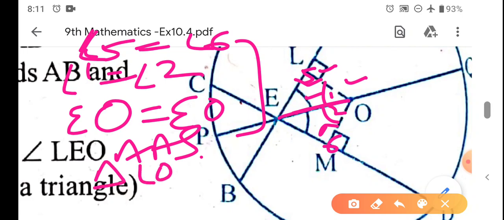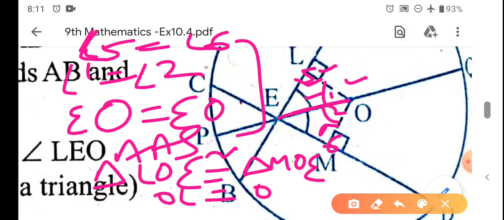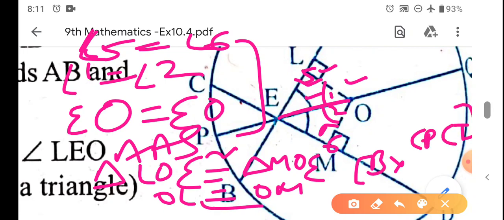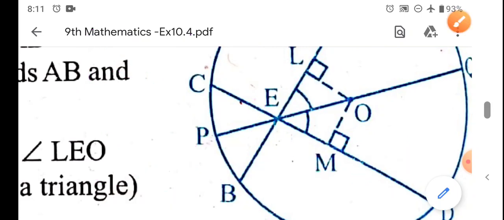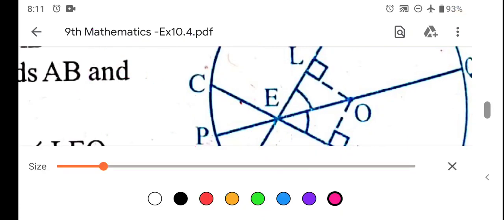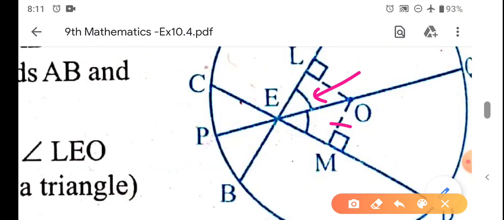triangle LOE is congruent to triangle MOE, and if these are congruent, then OL is equal to OM by CPCT. And if the perpendicular distance from the center is equal, then by the theorem you can say that AB is equal to CD, the chords are equal. So in this question, firstly I used the angle sum property in this triangle, then I made the angle sum property equal.